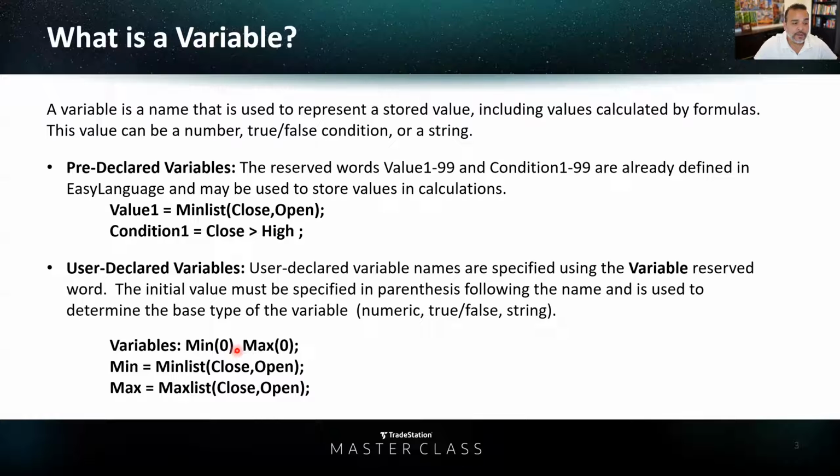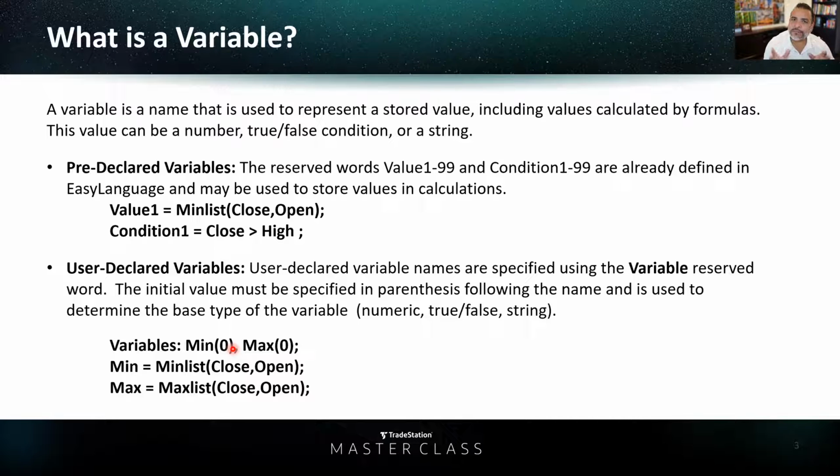The way that you initialize a variable, the way that you type a variable is by providing it a default value inside parentheses. So after the variable name, inside parentheses, if I see a 0, I know that it's a numeric variable because it has a number inside parentheses.